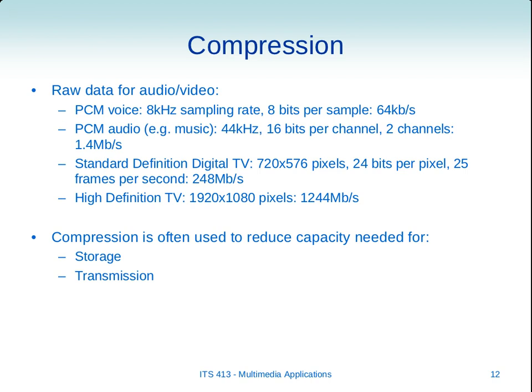PCM voice, if we use our pulse code modulation, the normal recommended sampling rate is 8 kilohertz because voice has frequencies up to 4 kilohertz. Nyquist says sample at twice that rate, 8 kilohertz.